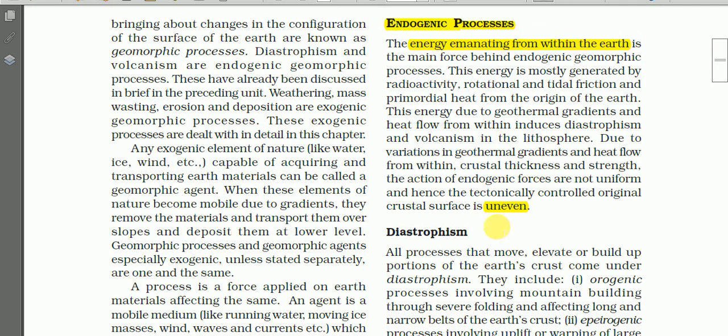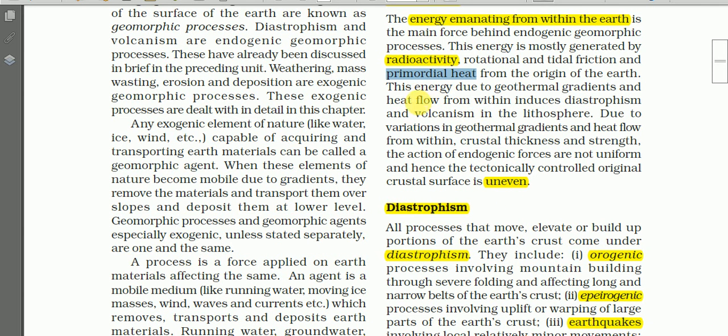Then let us proceed. This energy due to geothermal gradients and heat flow from within induces diastrophism and volcanism in the lithosphere. Geothermal gradient means increase in temperature with increase in depth.